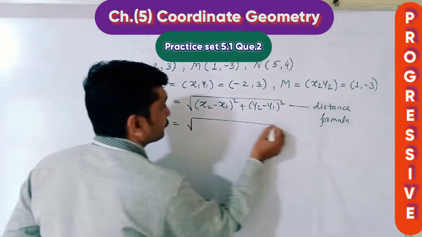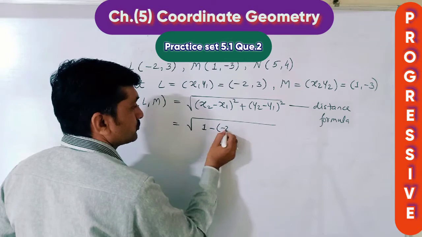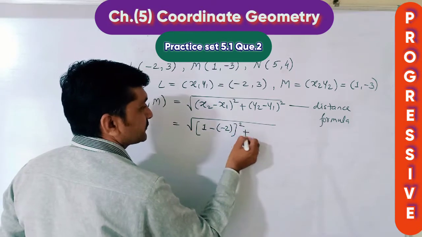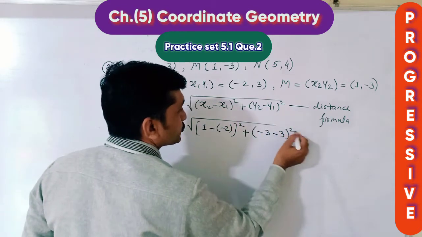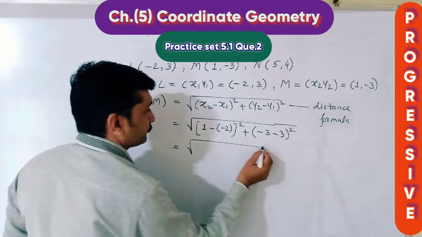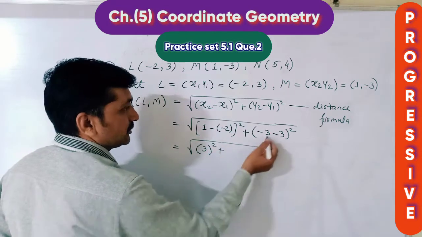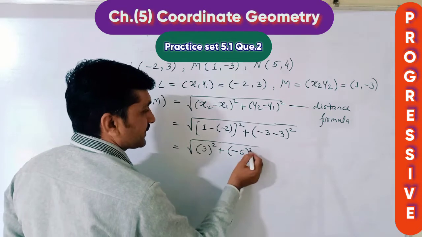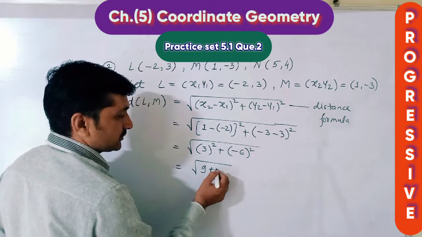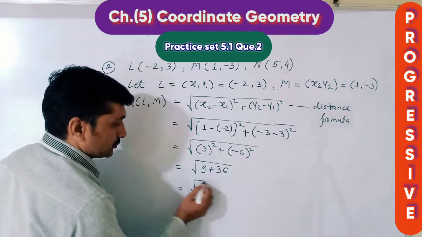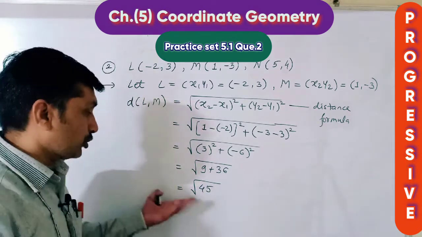Now put values: x2 1 minus x1 minus 2 bracket square plus y2 minus 3 minus y1 3 bracket square is equal to square root of 1 plus 2, 3 bracket square plus minus 3 minus 6 bracket square is equal to square root of 3 3s are 9 plus 6 6s are 36 is equal to addition 45. Addition is 45. Not a perfect square.